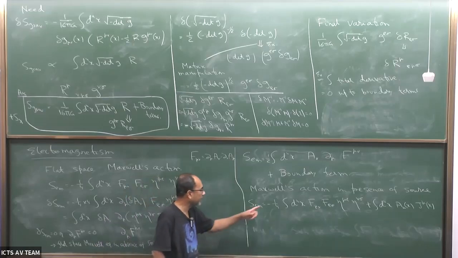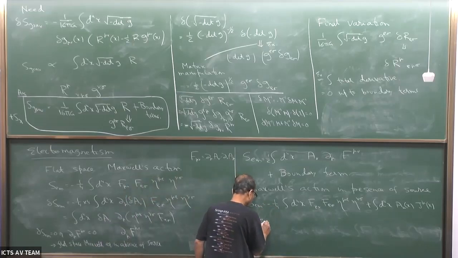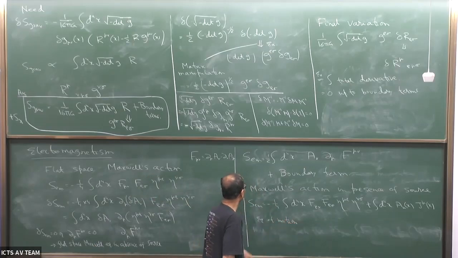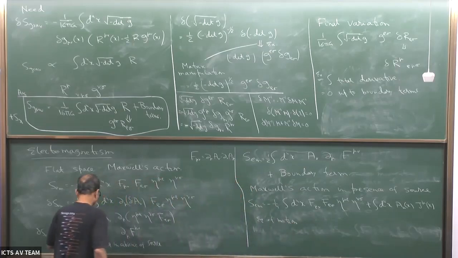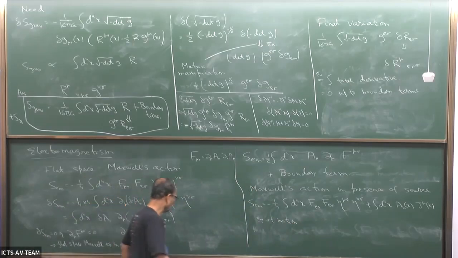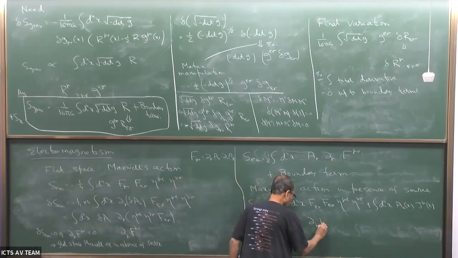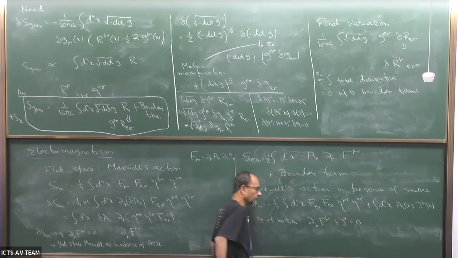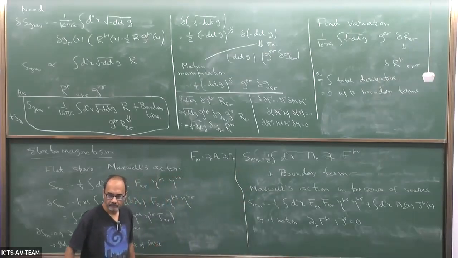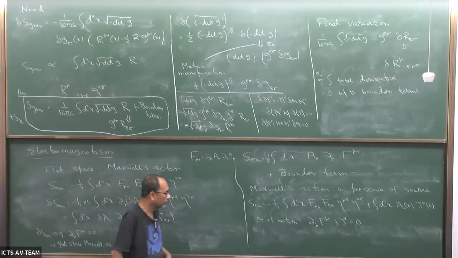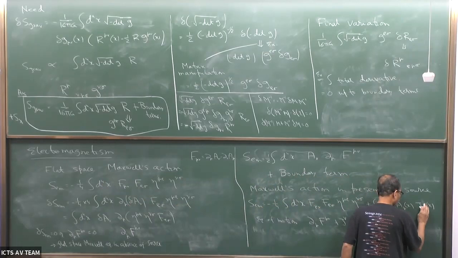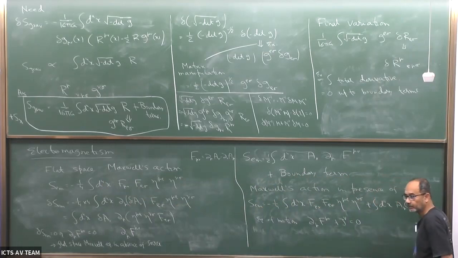If you now vary with respect to nu, the equation of motion that you get, you will have this term. Because the delta nu coefficient will not have an extra term which is nu.